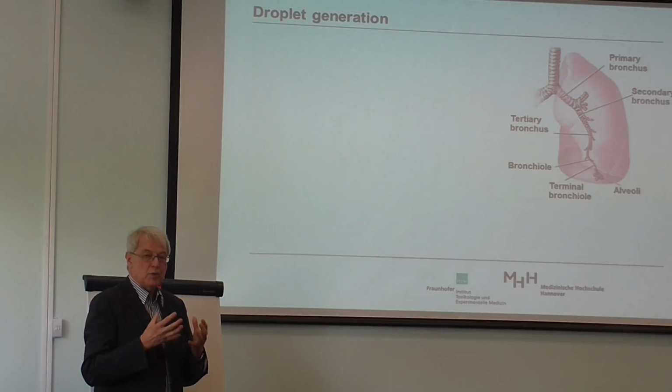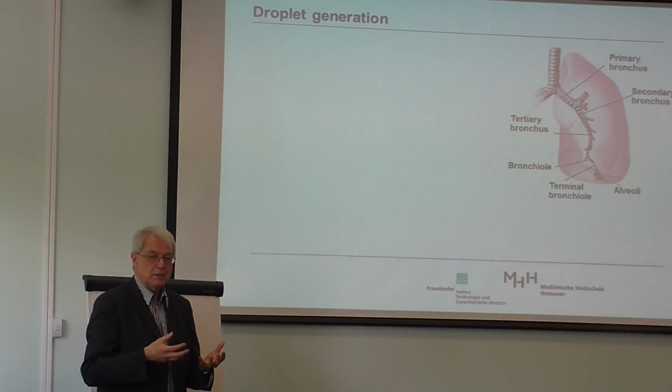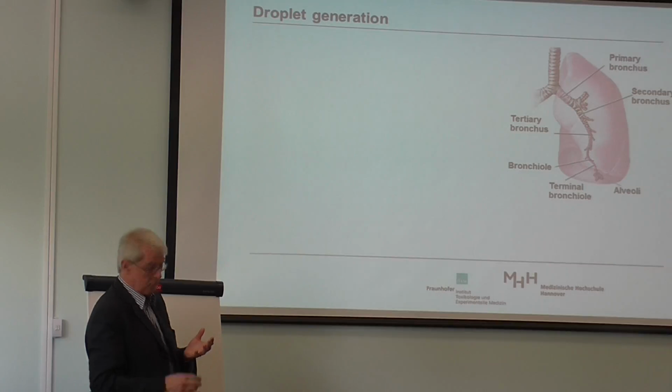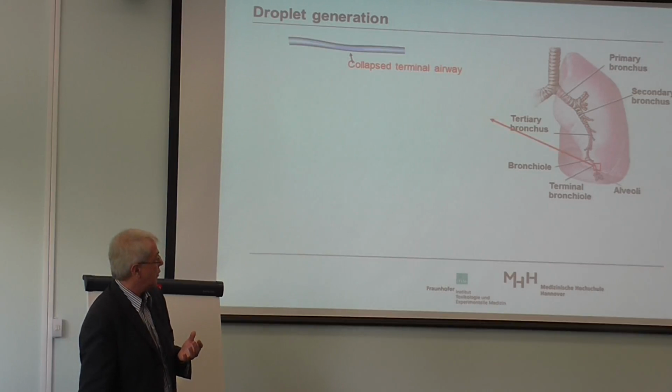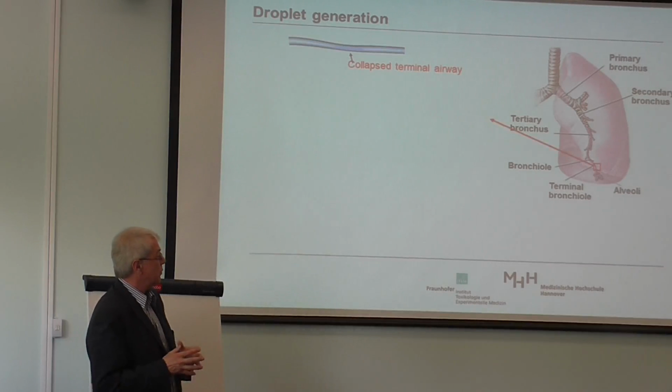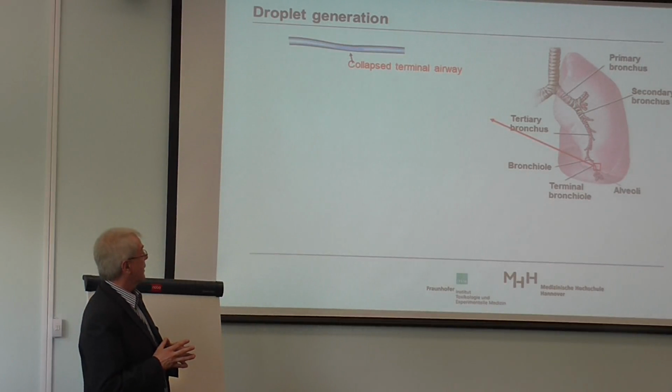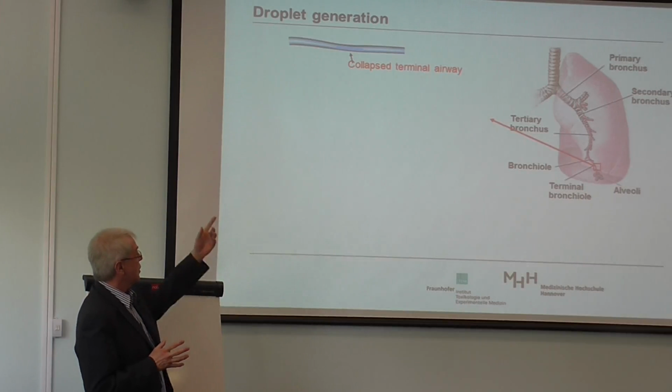But when you normally breathe, there are also some droplets in your exhaled air. And so these droplets primarily come from the peripheral region of the lung, and the mechanism is shown here in this cartoon.